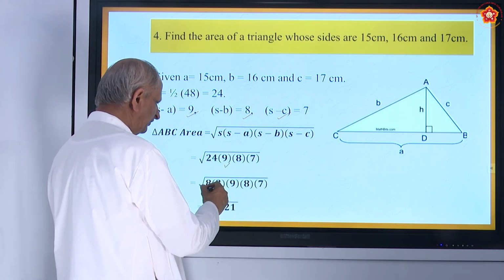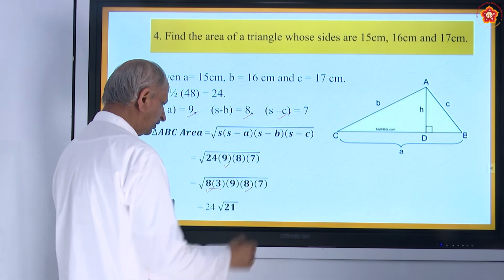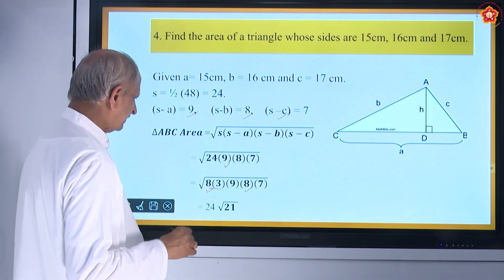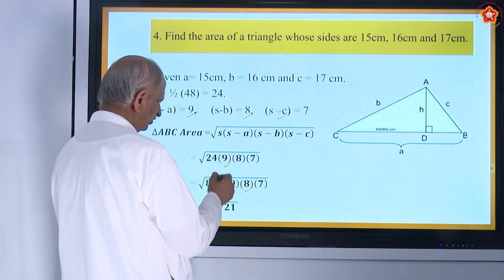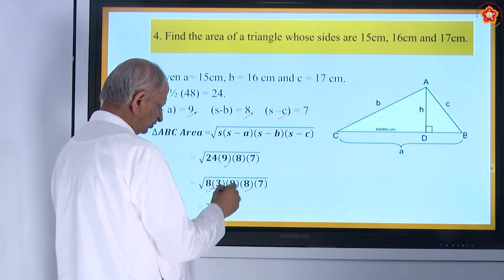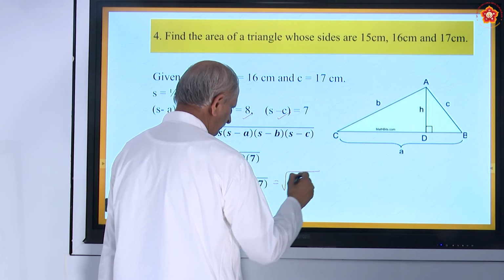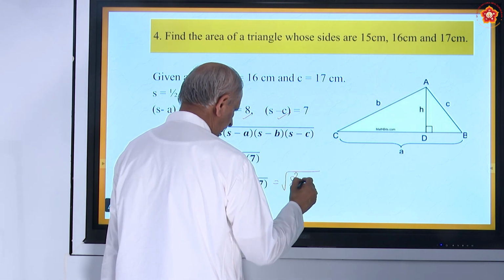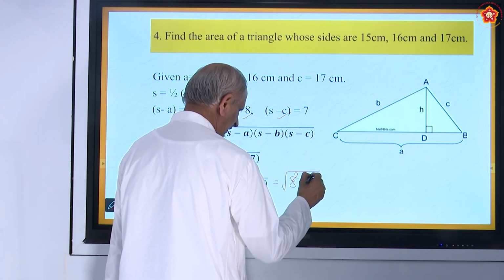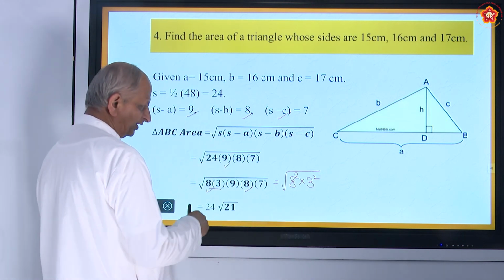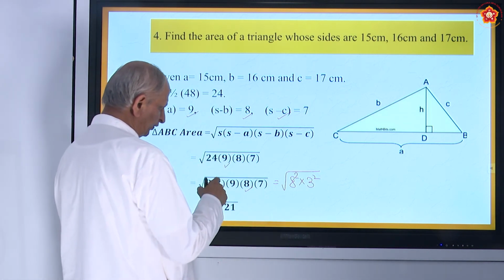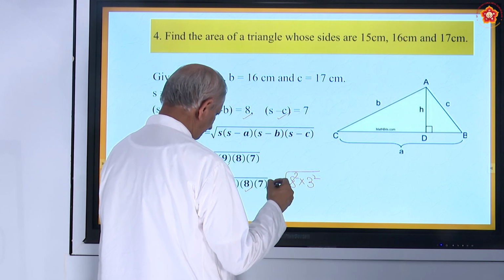So there will be 2 8s here, 1 8 here, another 2 8s here. So root of 8 square becomes 8. Root of 3 square, 9 is 3 square. So this can be written as root of 8 square into 3 square. That is how 24 is taken out. Into what remains inside?